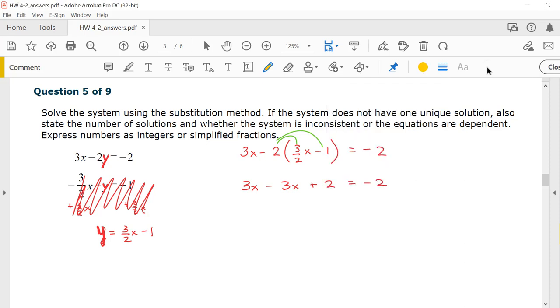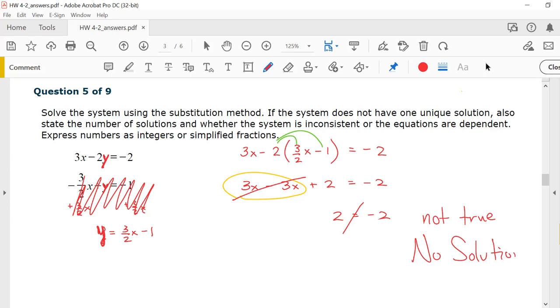Combining like terms, 3x minus 3x is 0x. In other words, 0. So that's gone. I get 2 equals negative 2. That is not a true statement. Not true, which means there is no solution to the system.